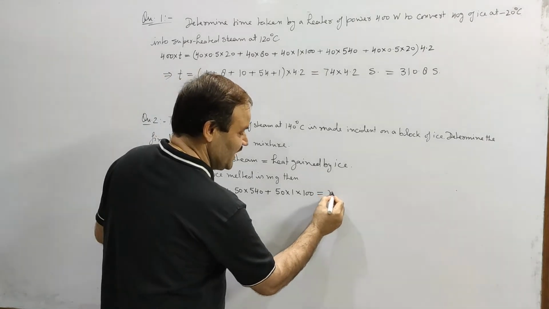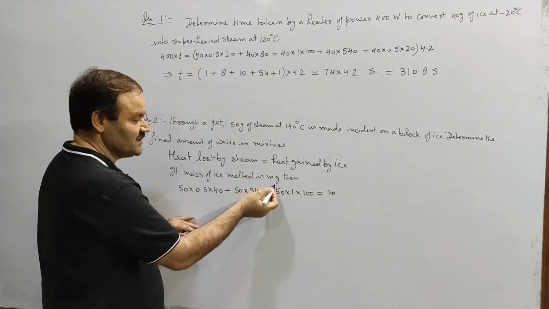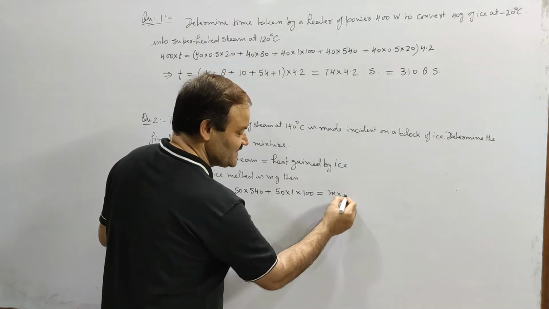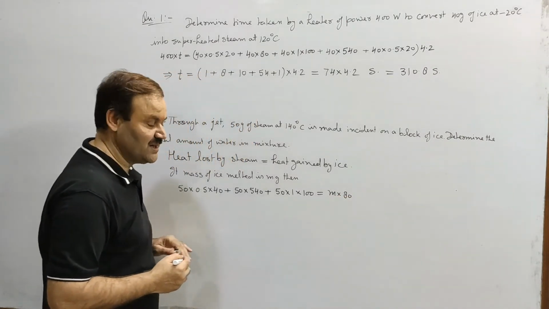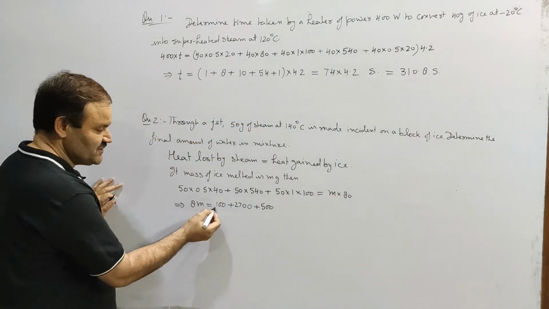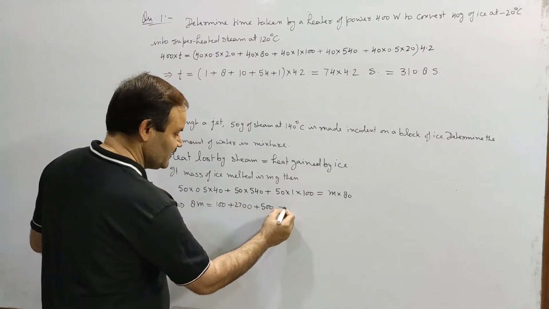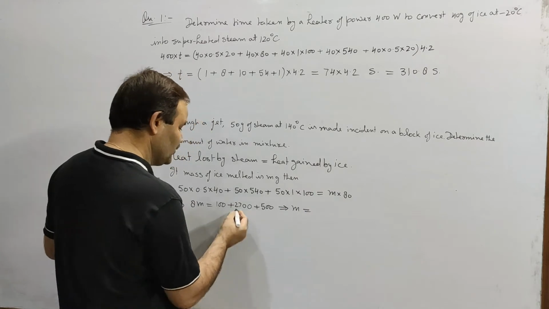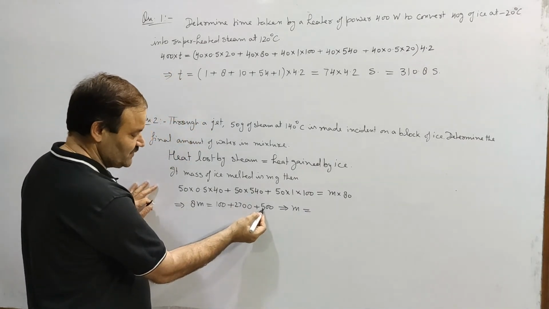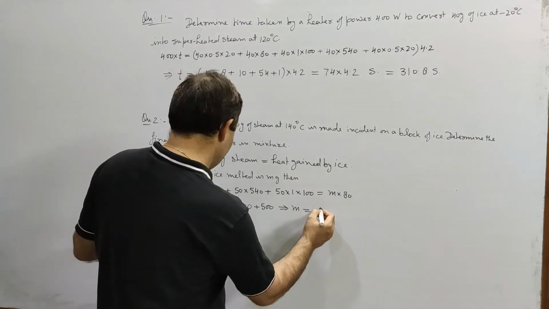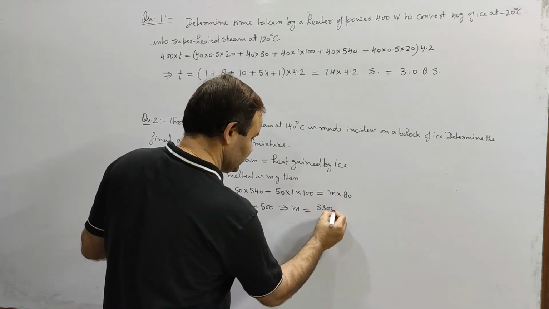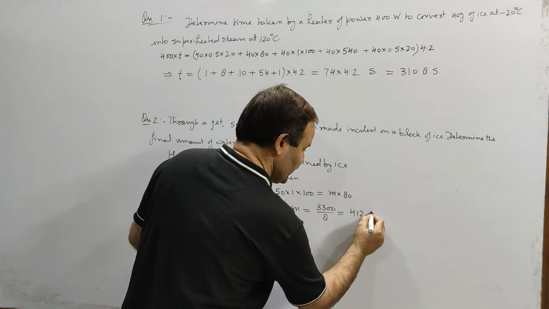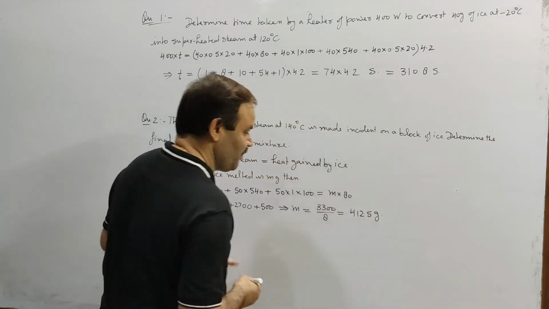So the mass of ice melted, that is m gram, and specific latent heat of fusion of ice is 80 calorie per gram. This implies 80m is equal to 100 plus 2700 plus 5000, implies m is equal to 33000 by 80, which is 412.5 gram.